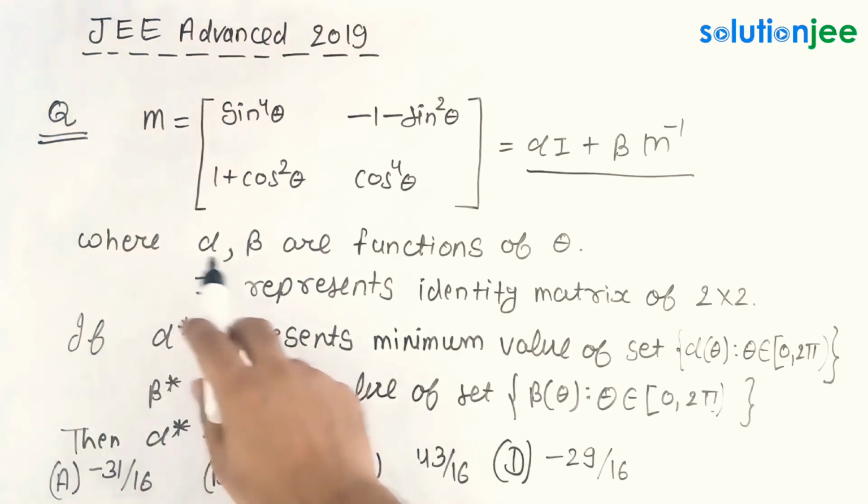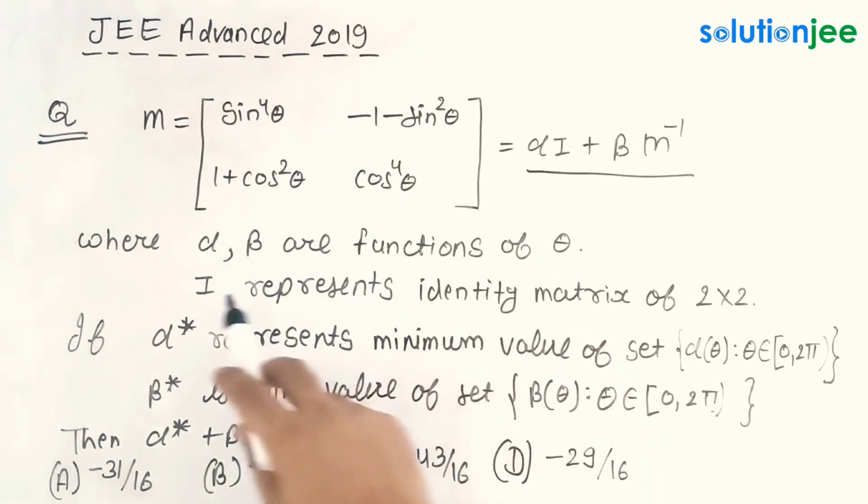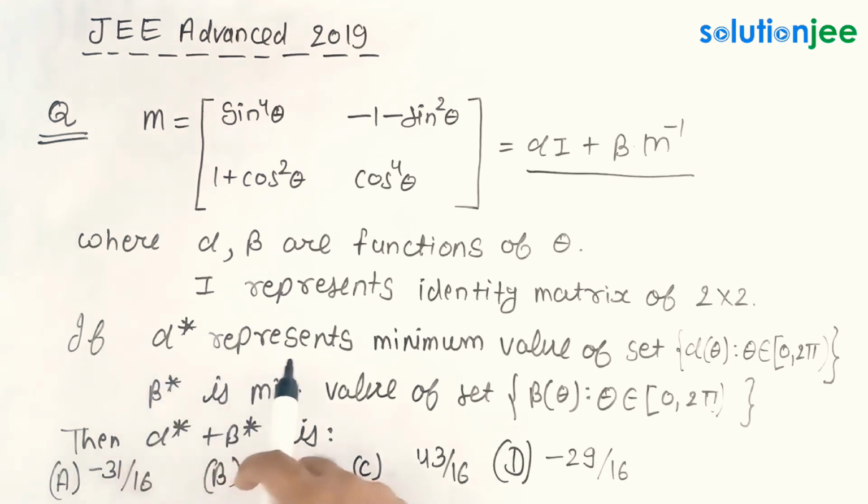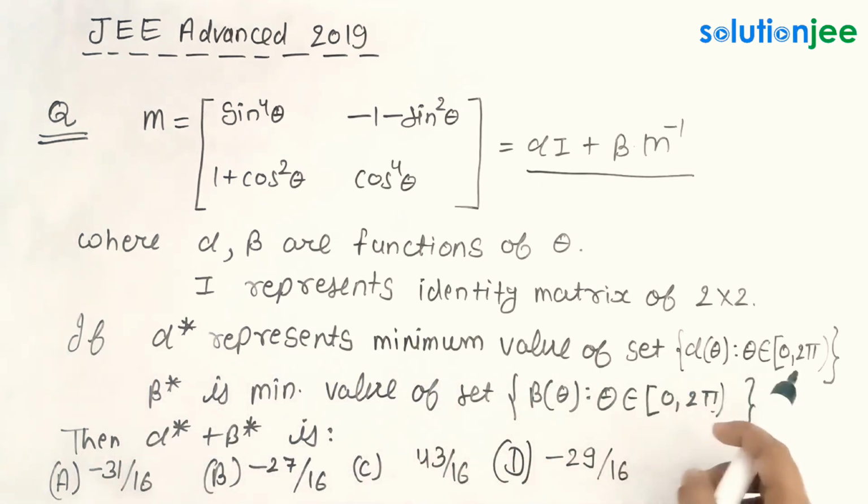Further, alpha and beta are functions of theta and I represents the identity matrix of 2 by 2 order. After this, alpha star represents the minimum value of this set and beta star represents the minimum value of this set. So we have to find the value of alpha star plus beta star.